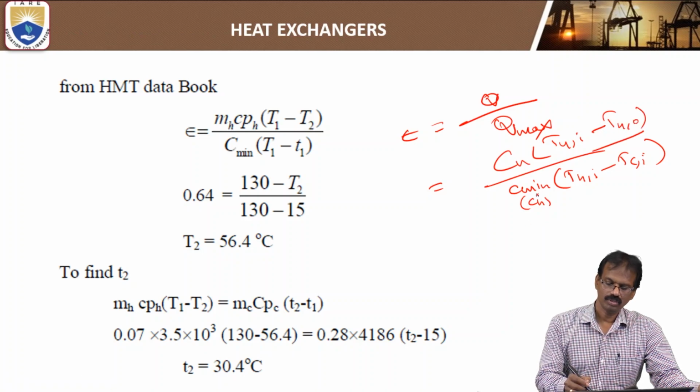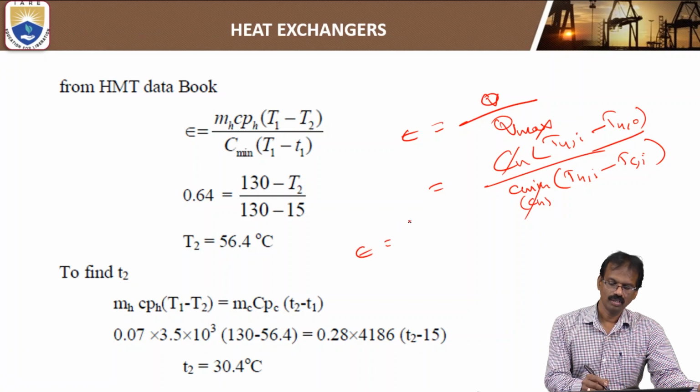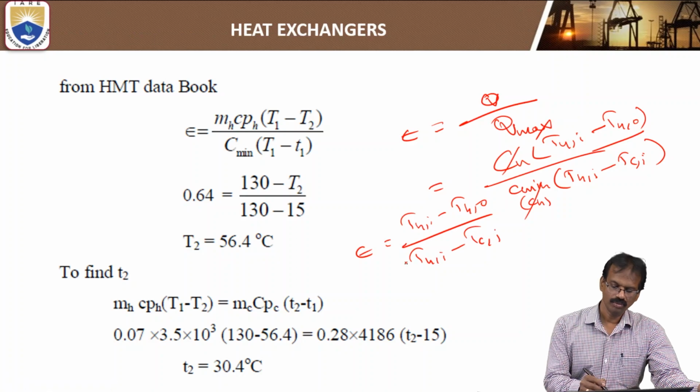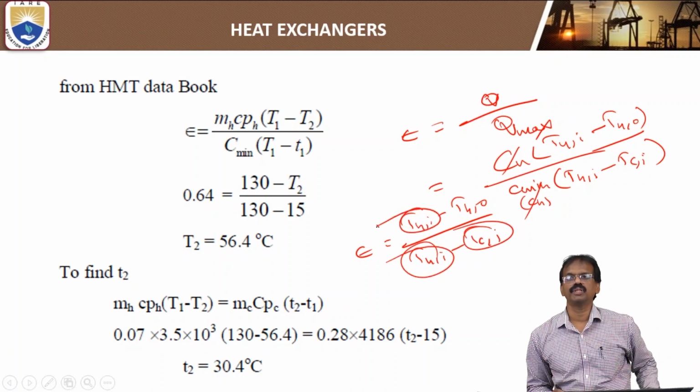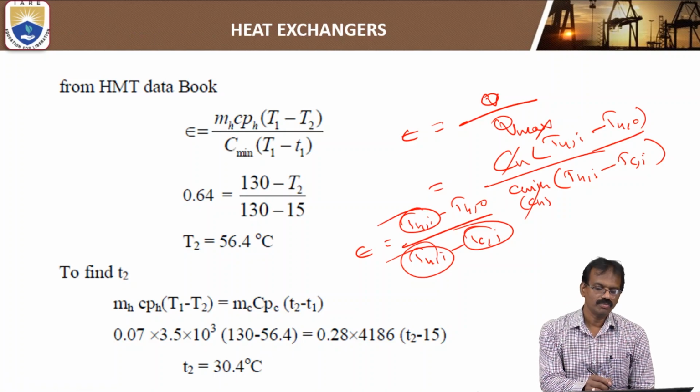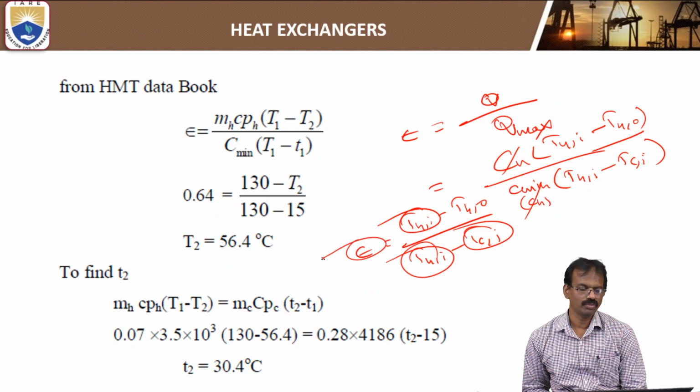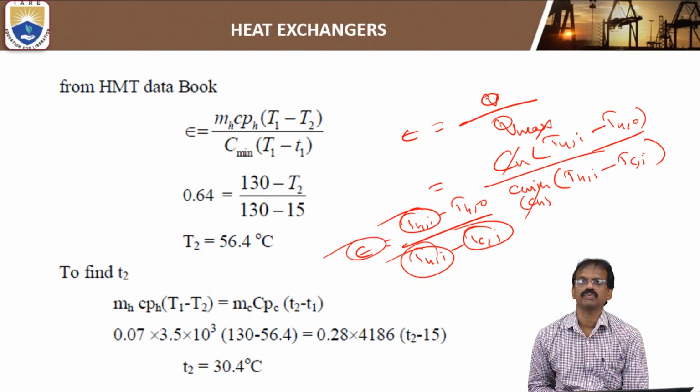So CH will be cancelled. Then effectiveness is equal to hot fluid inlet minus hot fluid outlet, by hot fluid inlet minus cold fluid inlet. You know the cold fluid inlet temperature and the hot fluid inlet temperature, and the effectiveness value is 0.64.